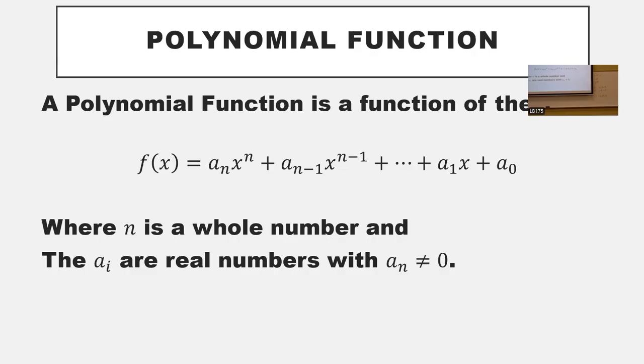So we can write it in the form a sub n times x to the n power plus a sub n minus 1 times x to the n minus 1 power, all the way down till we get to a sub 1 times x to the first, and then a sub 0 is a constant, where n is a whole number, and all those coefficients are real numbers. We generally force the lead coefficient to be non-zero. And that's a polynomial function.